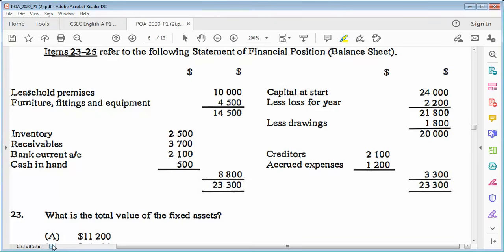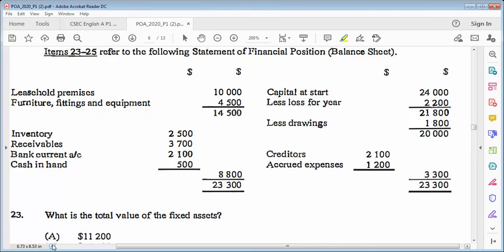We have inventory, $2,500, receivables, $3,700, bank account, $2,100, cash in hand, $500. That is a total of $8,800. When we add that to our fixed assets, we get $23,300.